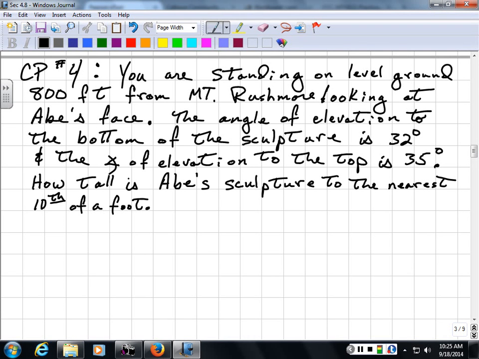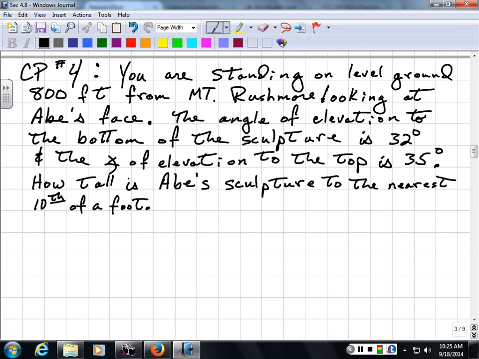Right? Doesn't tell me how high off the ground the angle of elevation is. So what should I assume? And I'm lying on the ground looking up at Abe's face. Yeah, that should be in there. But for right now, we're just going to assume the angle of elevation is from the ground. Okay? We're going to get more complex as we move along.